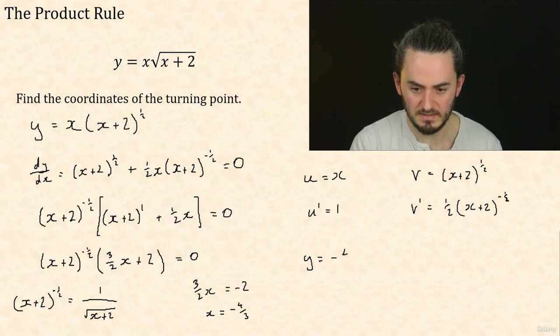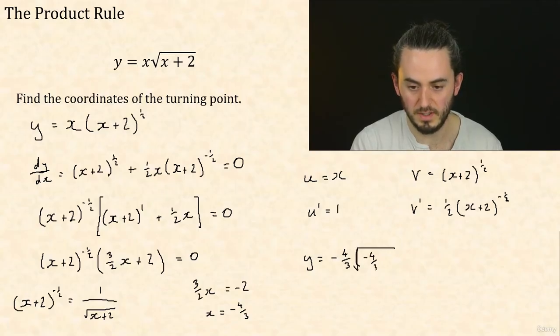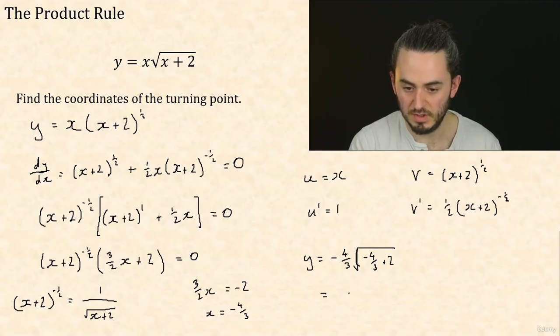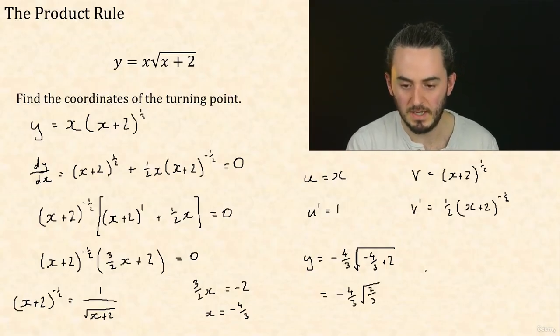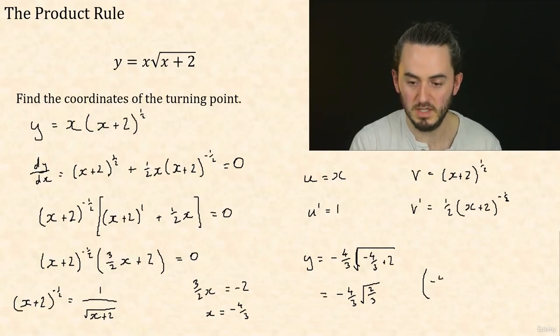So I get negative 4 thirds multiplied by the square root of minus 4 thirds plus 2, which is just 2 thirds. So it's minus 4 thirds root 2 thirds. And we can leave it like that, which means the full coordinates are minus 4 thirds, comma, minus 4 thirds root 2 thirds. So there we go.